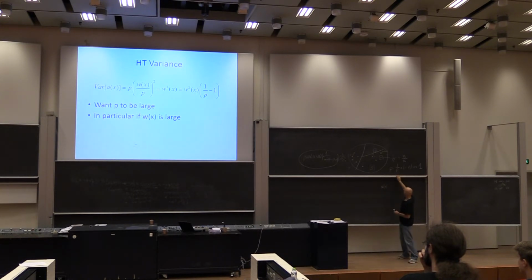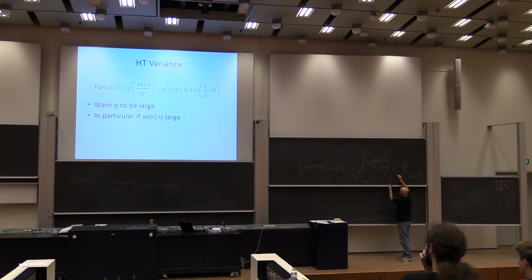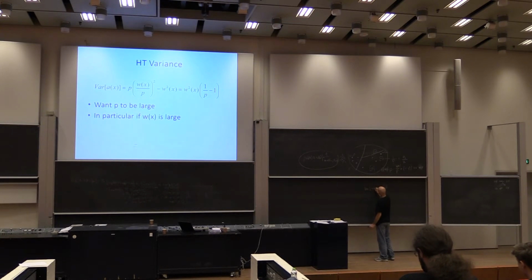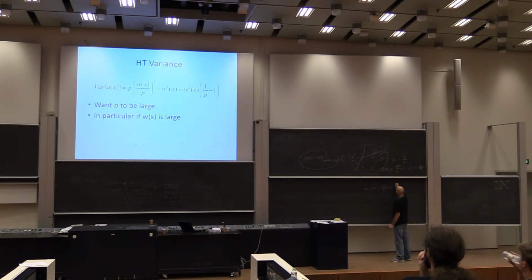This is the same calculation as before when you put the W here. To get the variance of the adjusted weight, I need the expectation of the adjusted weight squared, and to subtract the expectation squared, which is Wx squared.